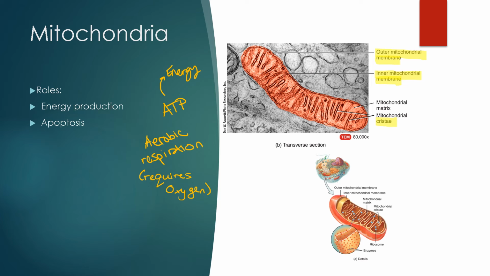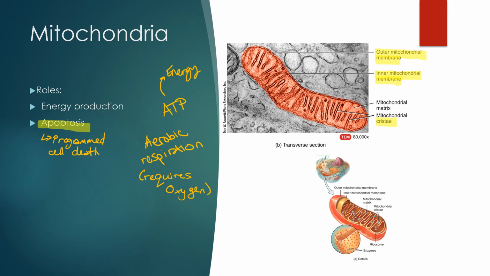Now, the mitochondria also serves a really important role in apoptosis. This is also just another term for programmed cell death. Now, apoptosis can occur in response to many things.